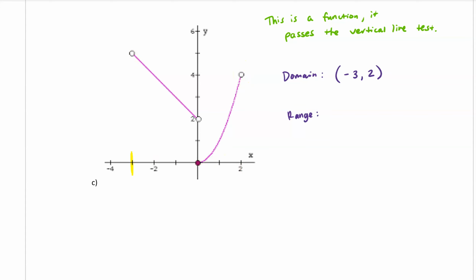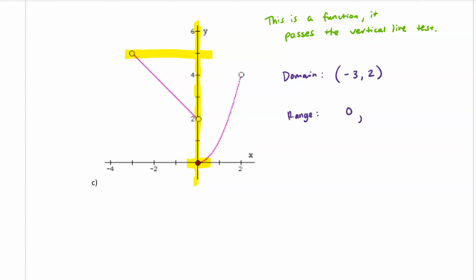Okay. So now let's talk about the range. So if we're thinking about this vertically, our bottommost point is occurring right here at the origin, and then the highest point is happening right here when y equals 5. So remember that when you're writing interval notation, the smaller number always goes on the left of the comma, and then the larger number goes on the right.